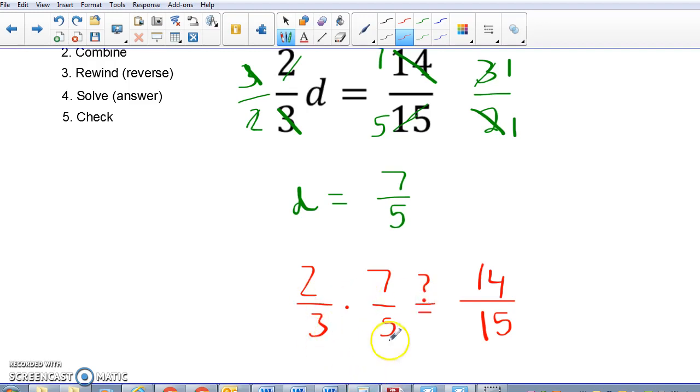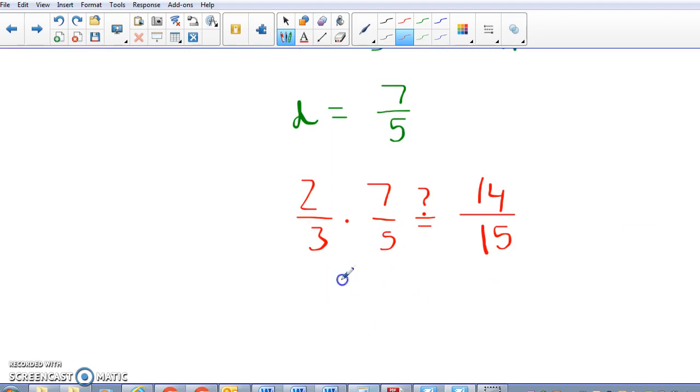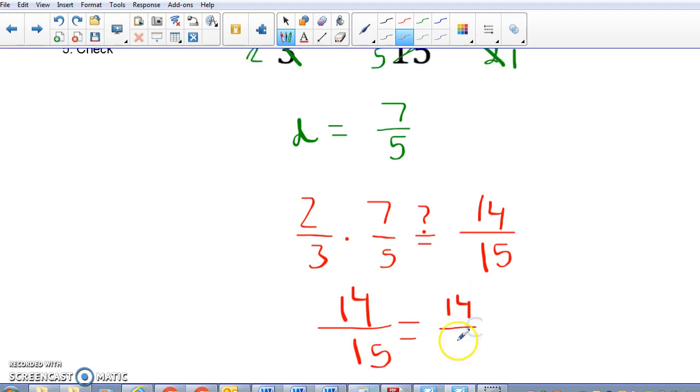Alright. I cannot cross cancel, so I'm going straight across. 2 times 7 is 14. 3 times 5 is 15. So 14 15ths, 14 15ths. That is true.